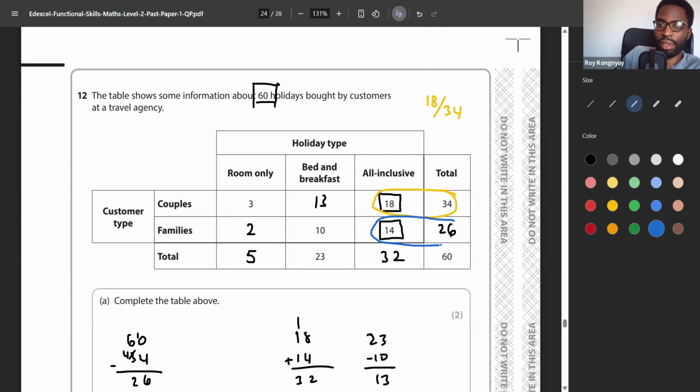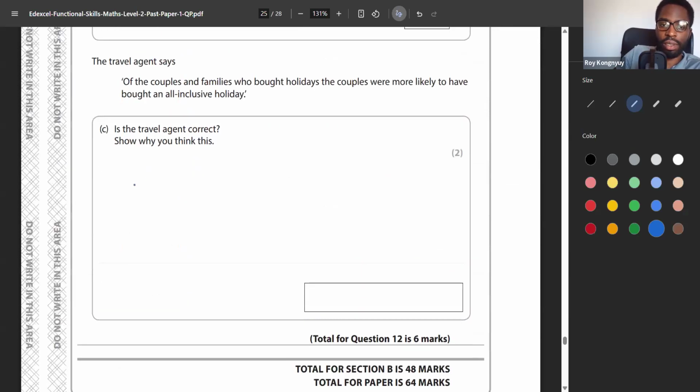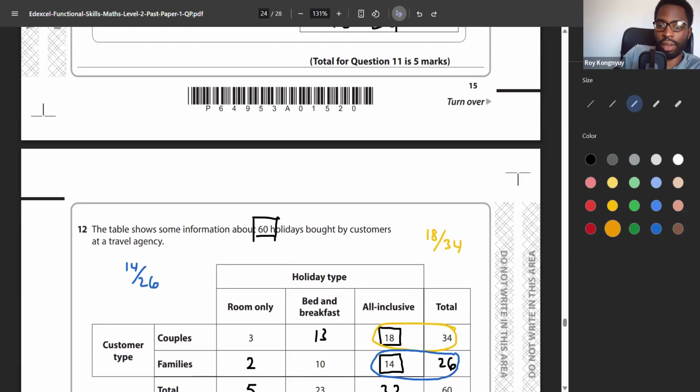Meanwhile, there were 26 families. So 14 out of 26 families. So we want to find what both of these are in their simplest form. You want to compare these. So 14/26ths, this corresponds to families, versus 18/34ths.